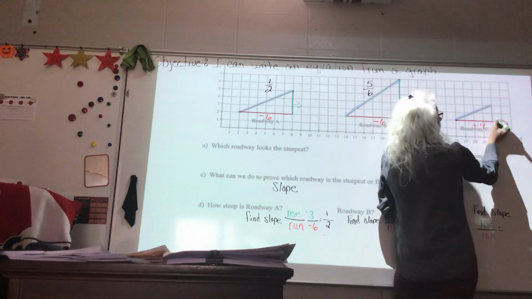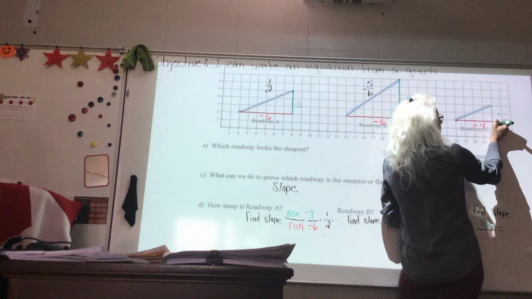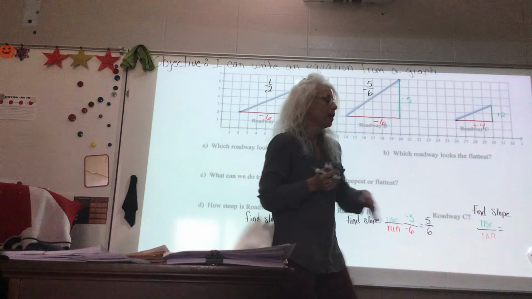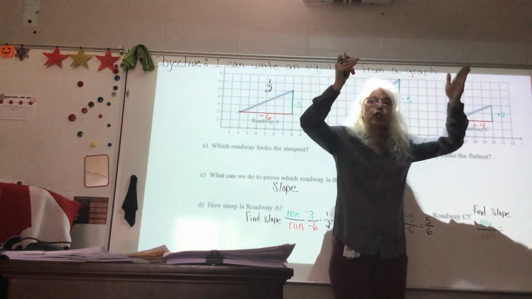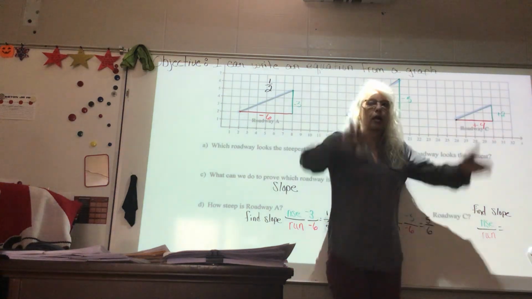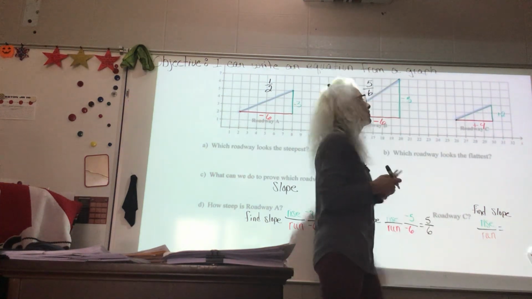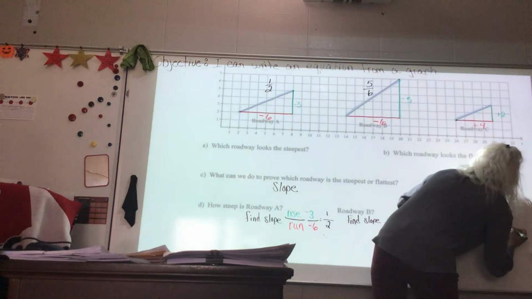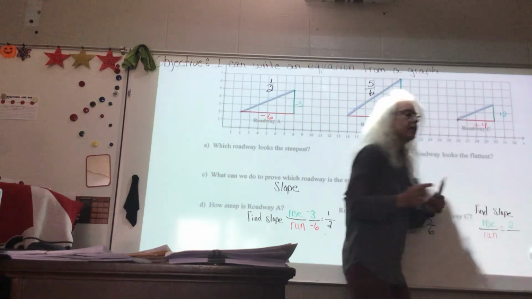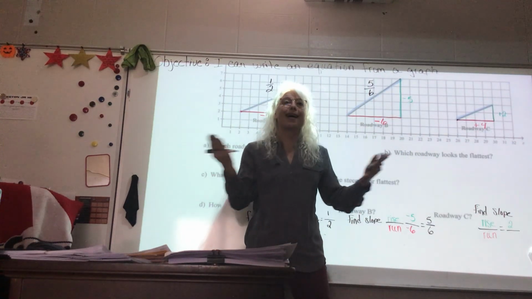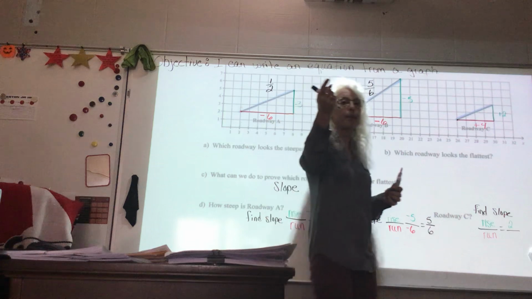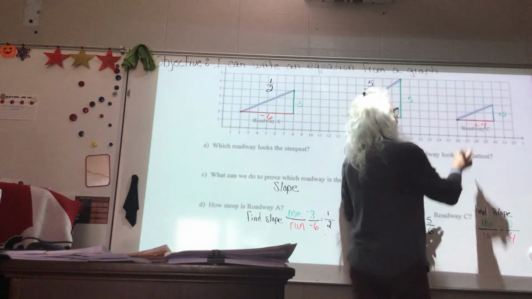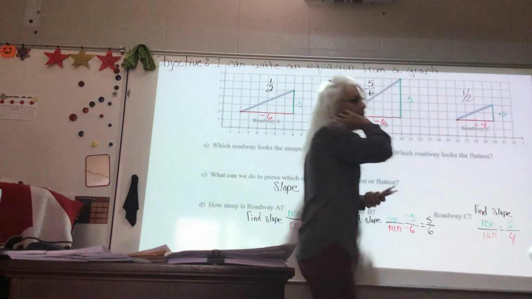And then I have to climb up, so positive, through 1, 2 squares. My rise is my change in height. So which number would I put, the 2 or the 4? 2. And then my run is the change in my length, and that's going to be 4. This will simplify to 1/2.